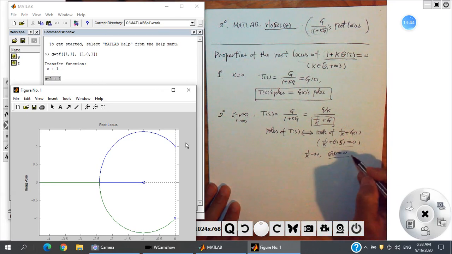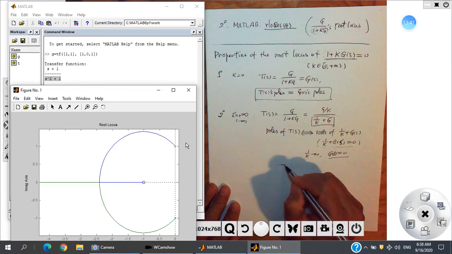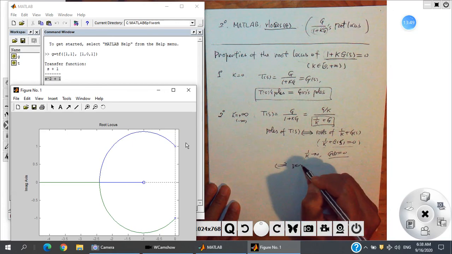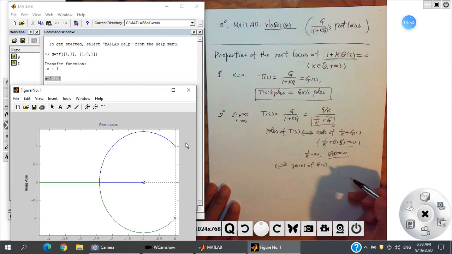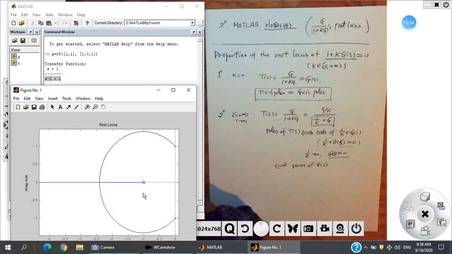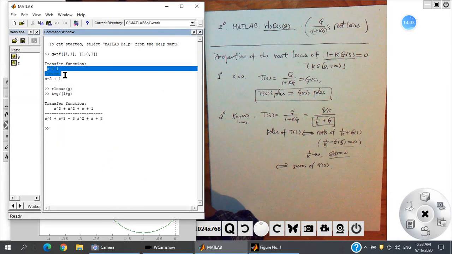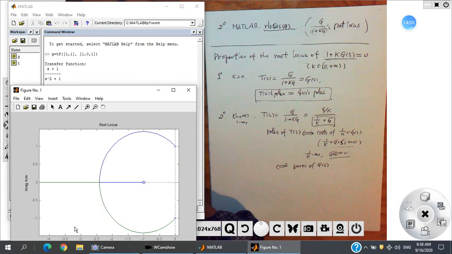What are these? They correspond to the zeros of g of s. You see, we have the example here. Negative 1 is the zero of this g, and it is also the pole of T of S when k tends to infinity.